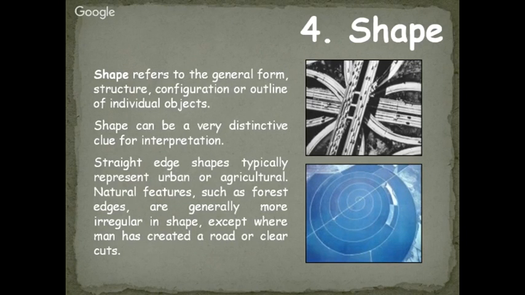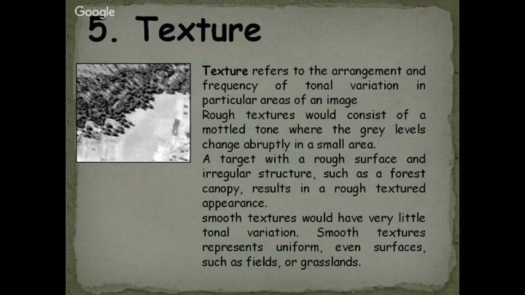Okay, then texture, whether that image is looking smooth or coarser, gives us an idea about the surfaces. Any land which has uniform land use, for example a water body or a desert or a playground, the reflectance will be very smooth.